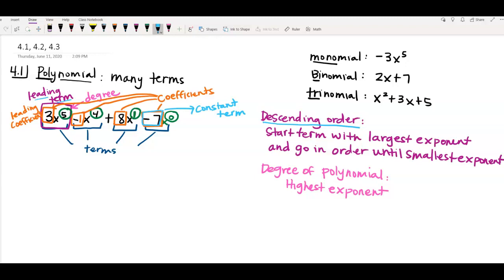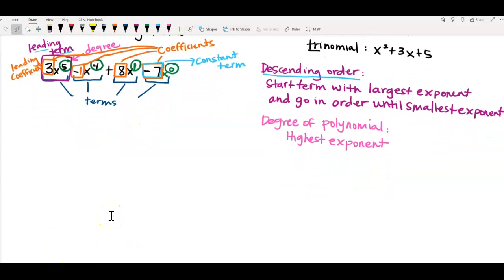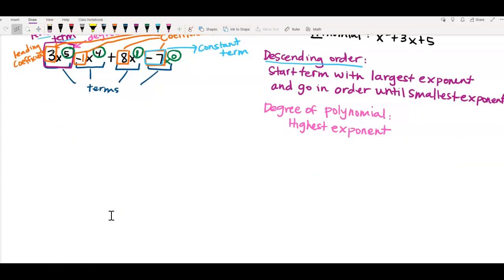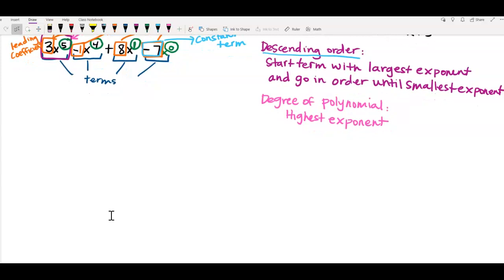Okay, and I'm going to do an example so I can test and see what you guys know about these different parts. Let's do an example, and then we can see where you're understanding or maybe where you need a little bit more guidance here. First I want you to put this in descending order.